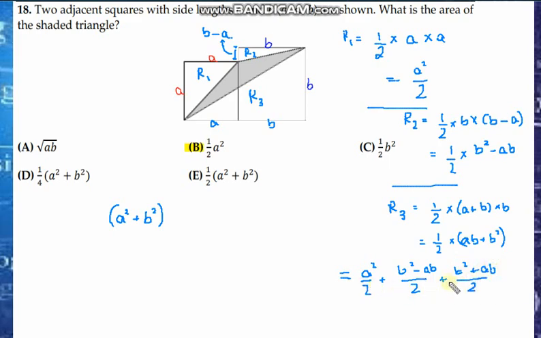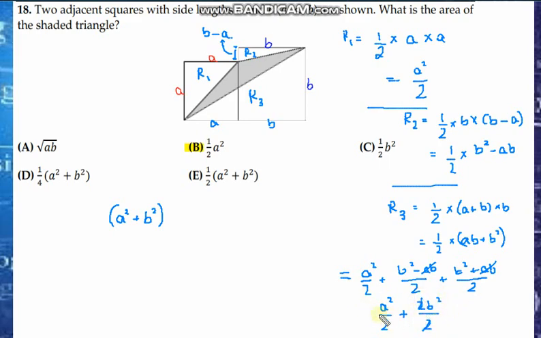Now the denominators for all three fractions are the same, so we can simply add or subtract the numerators. So we have minus AB and positive AB cancelling out. That leaves us with A squared upon 2 plus B squared plus B squared is 2B squared upon 2, and we can cancel out the 2's here.